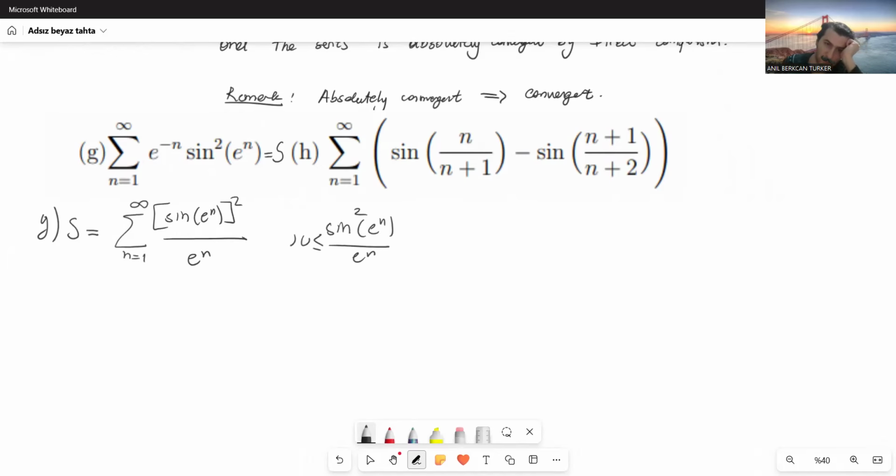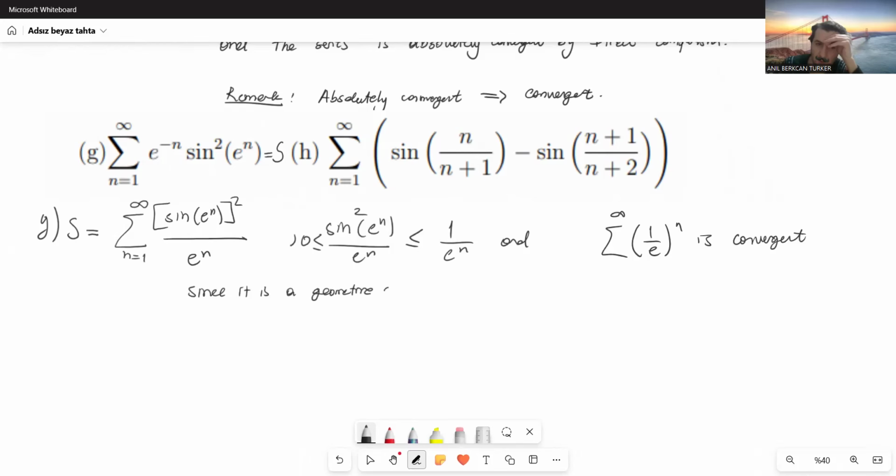By the way, everything is positive, right? Because we are taking a square and e to the power n is always a positive number, so the term is less than 1 over e to the power n, and 1 over e to the power n is convergent, because it is a geometric series with ratio 1 over e less than 1.